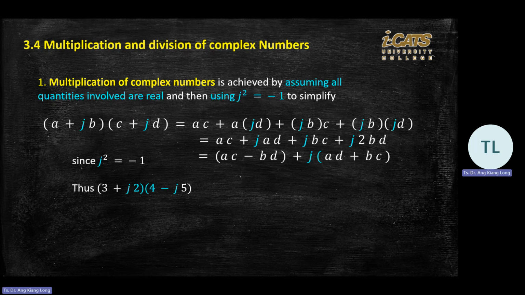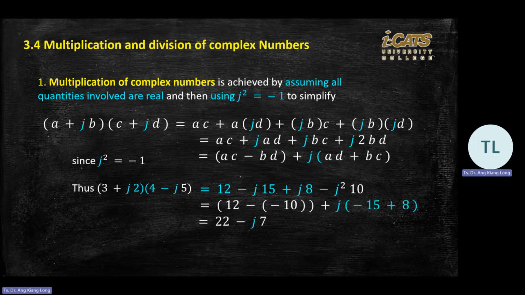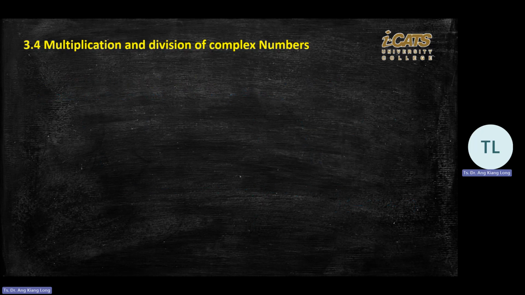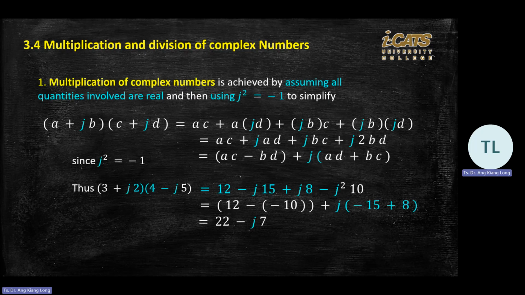So if you take these two examples, 3 + j2 and 4 - 5, you will get this answer, 22 - j7. Is it correct? Correct, okay. Does anyone have a question on the general equation?